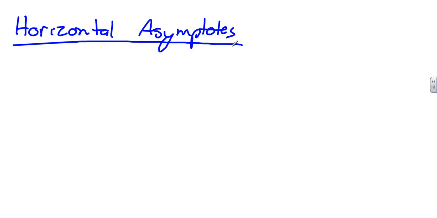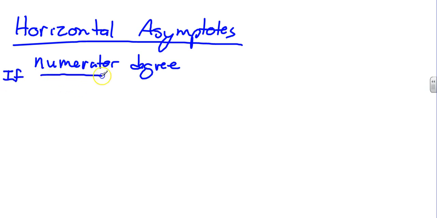Horizontal asymptotes are basically based on this. Let's say that your numerator degree, if I can write here.